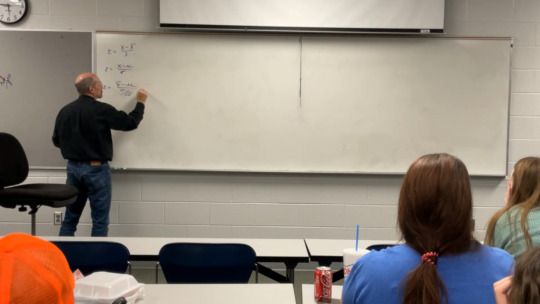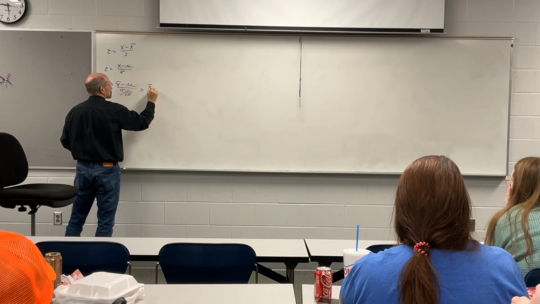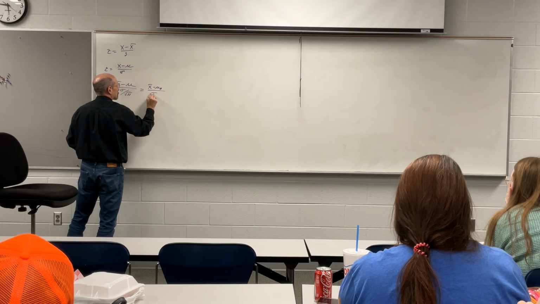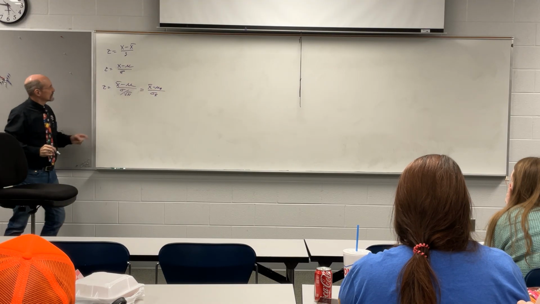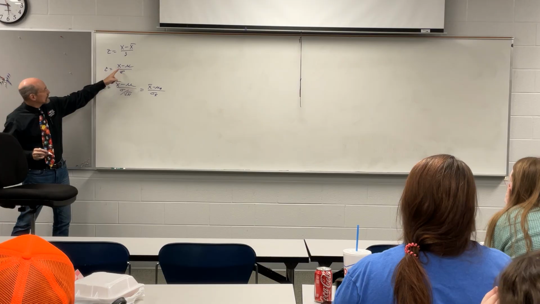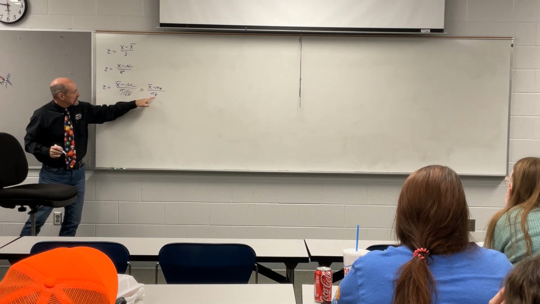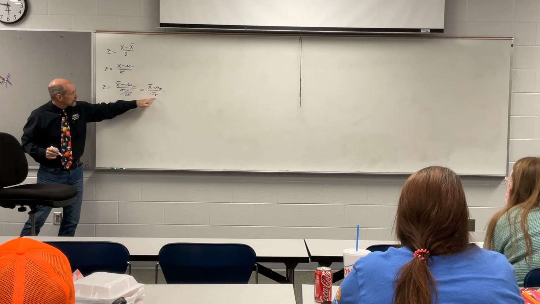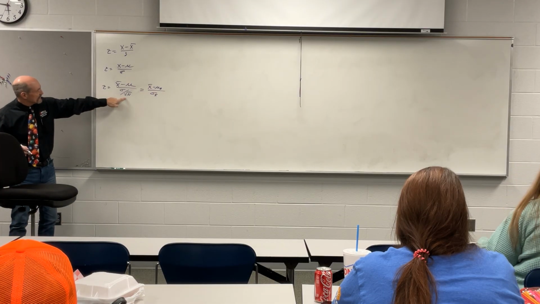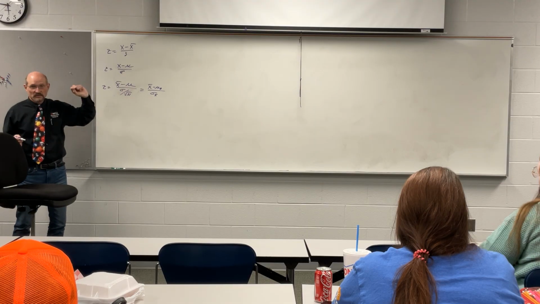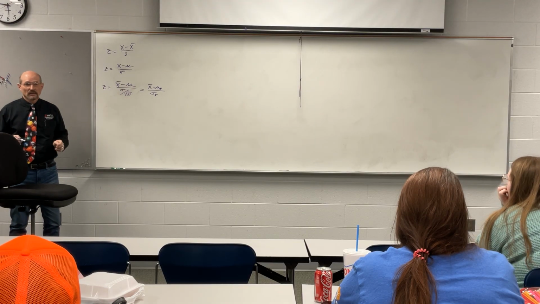Notice this is also equal to this. So this is the exact same thing as that, where the denominator, the standard deviation of the sampling distribution, is equal to the standard deviation of the population divided by the square root of n. You'll see all four of those formulas. But the last two are the same thing.